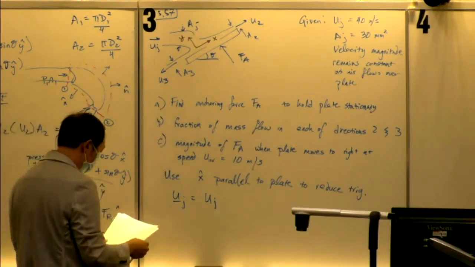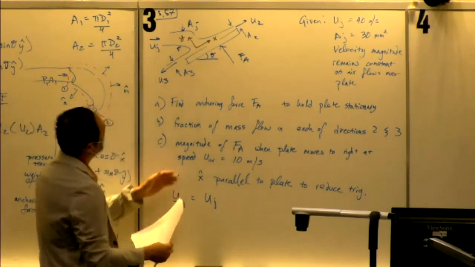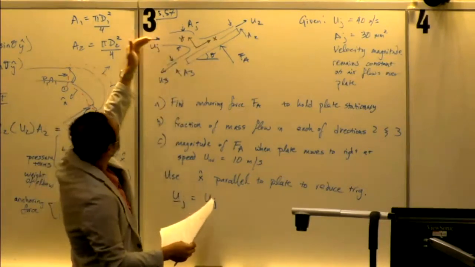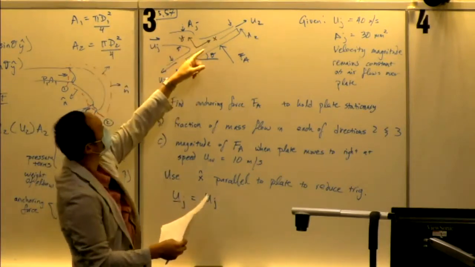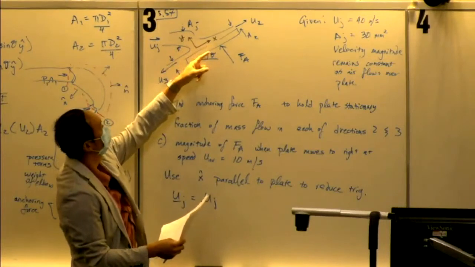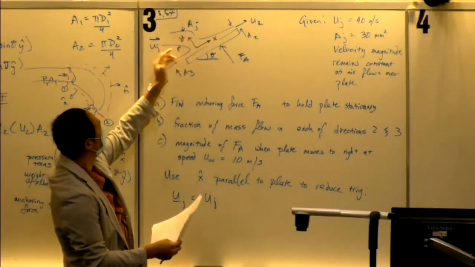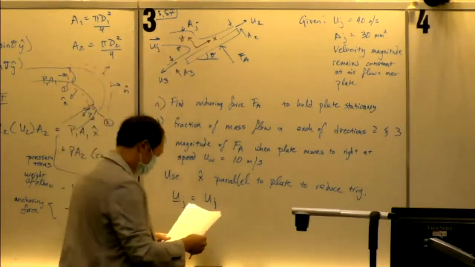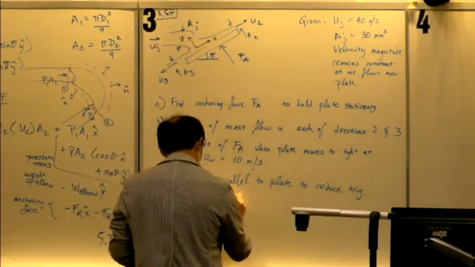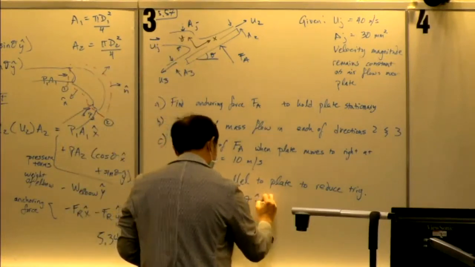So you really just want to check. Basically, uj is going to the right. That gives you some component in positive x and some component in negative y, right? Because y is actually going that way. So some component in positive x and some component in negative y.